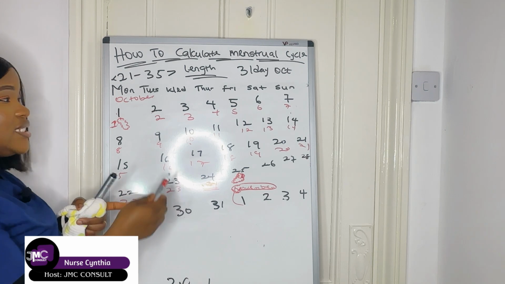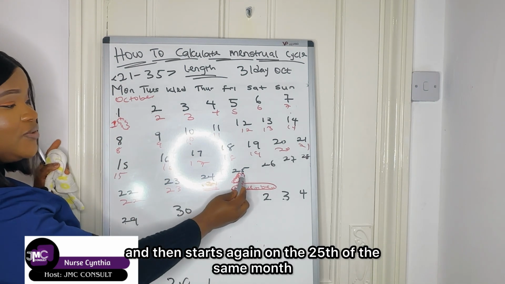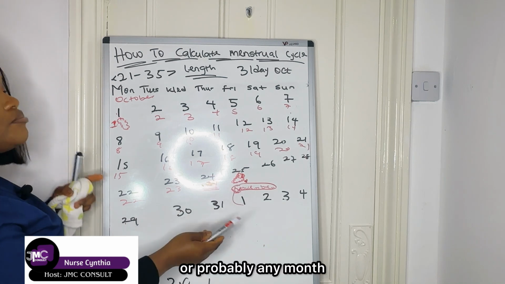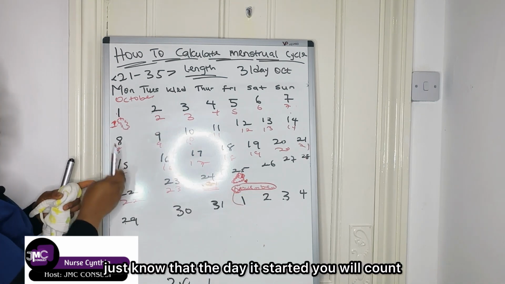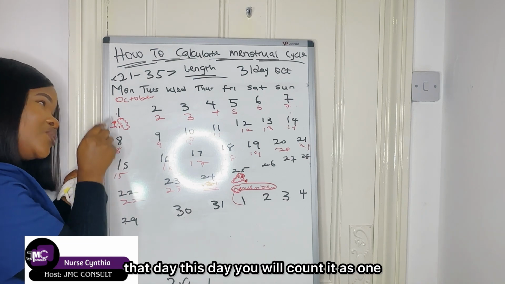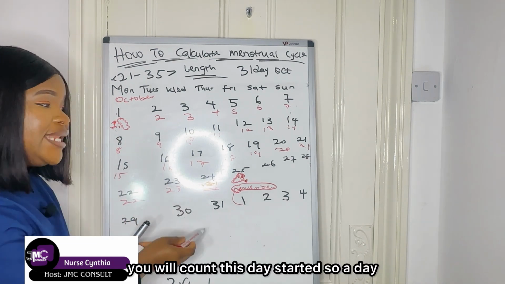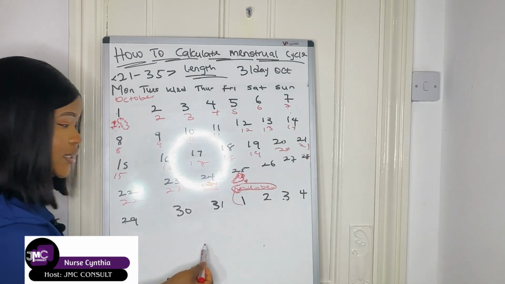So just know that if it starts on the first, for example, and then starts again on the 25th of the same month, or probably any month, the day it started, you will count that day as one. You will count the day it started up to a day before the next one.